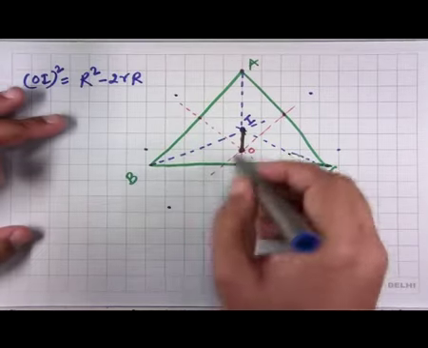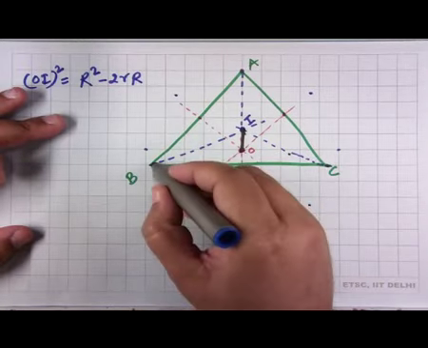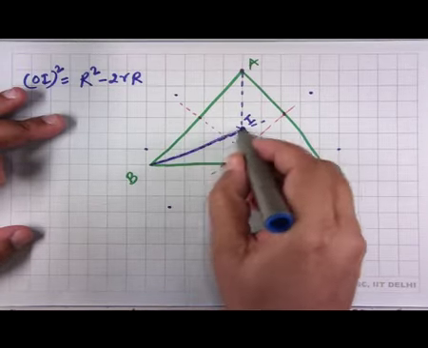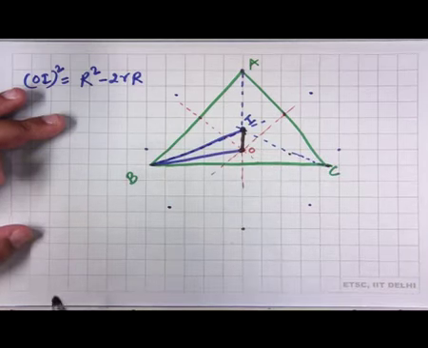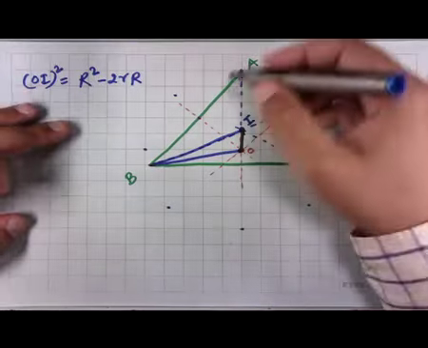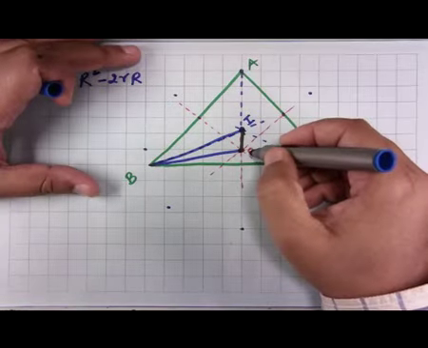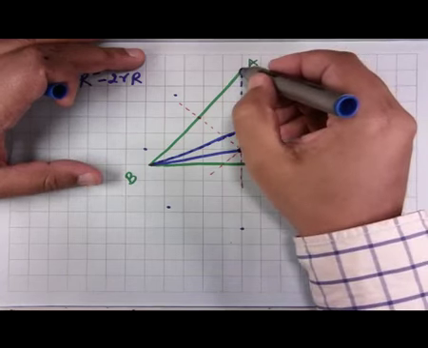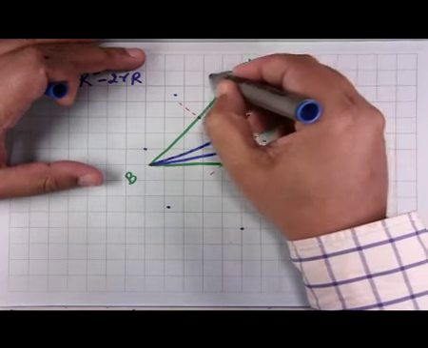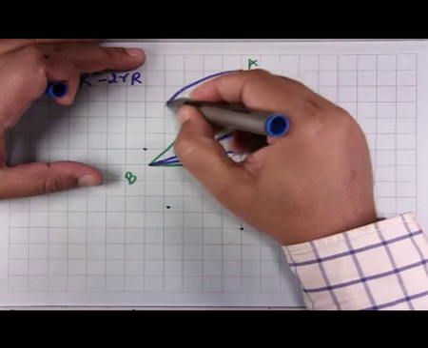Clearly, if we join B and I and also B and O, and since O is the circumcenter, we can also draw the circumcircle, which will look something like this.